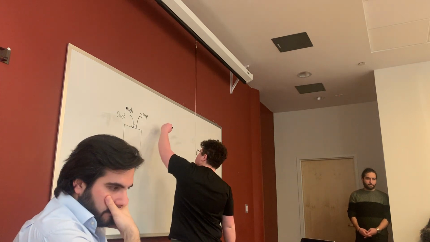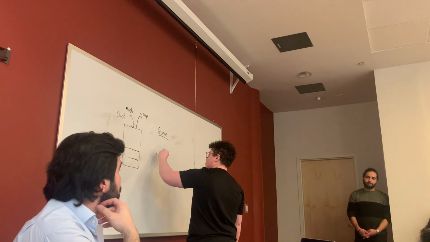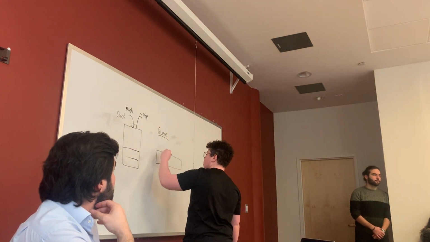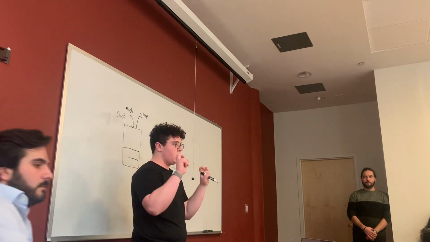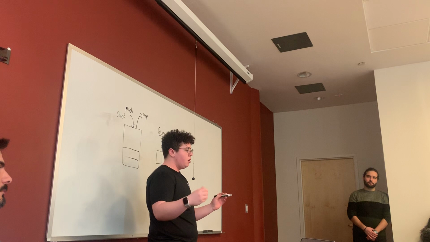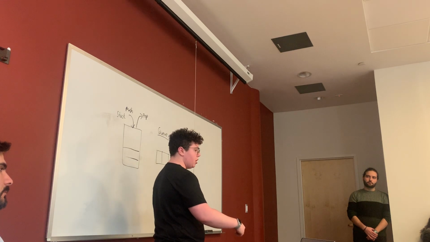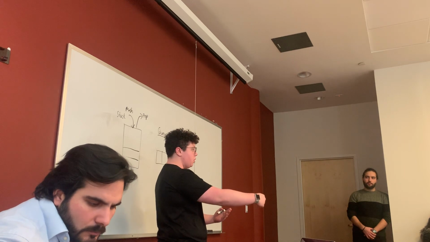And then we also have a queue. I like to think of the phrase queue up, like form a line. If you form a line, the last person in the line waits until they get to the front.